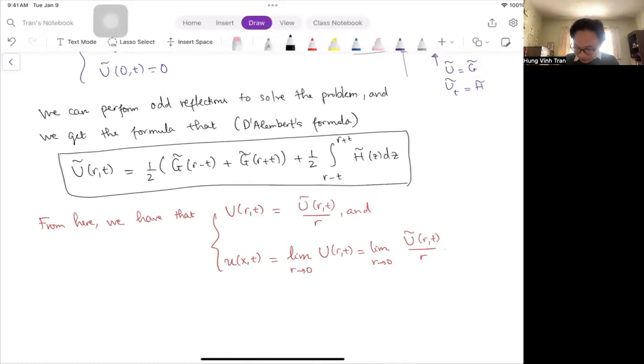Maybe I can draw a little bit of the schematic positions of those. So this is a real line. This is 0. t is some positive term here. Remember that we are taking little r going to 0. When little r goes to 0, that means that r plus t is quite close to t, and t minus r is also close to t.